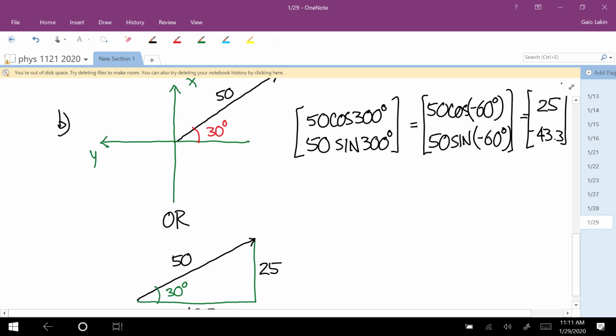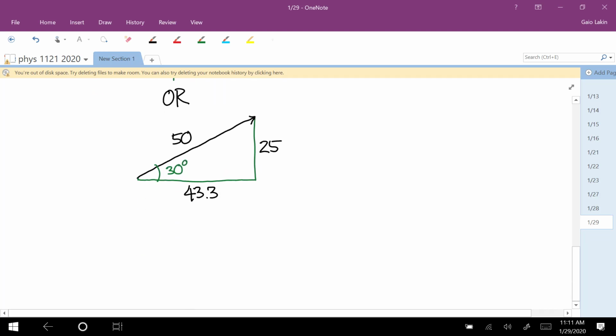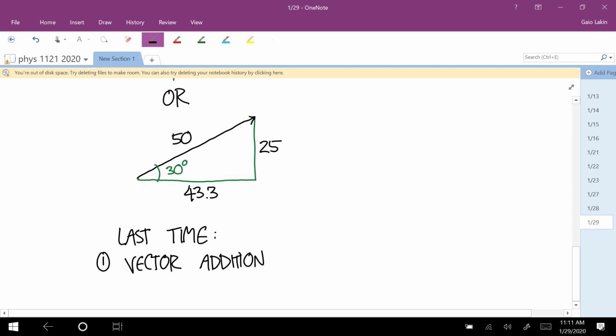All right, so let's go back to vector stuff. So last time, first we talked about vector addition and multiplying a vector by a scalar, thinking about the physical meaning.